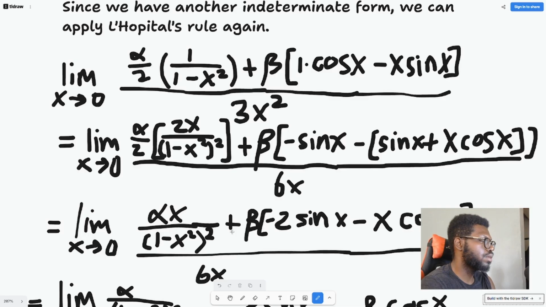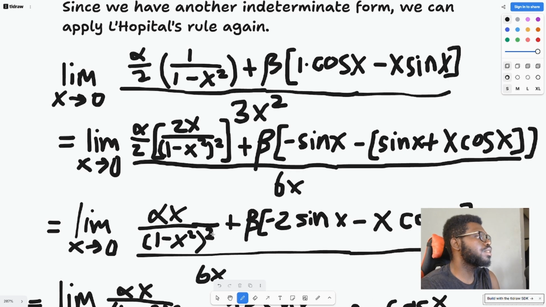If we have to use L'Hopital's rule, we can, but maybe the better option here would just be to try to simplify this expression to see what we end up with in order to save ourselves some work. So that's exactly what we're going to do.